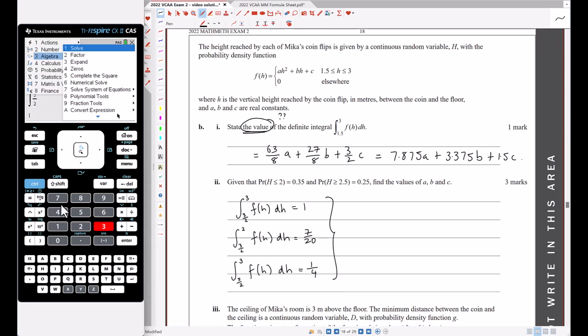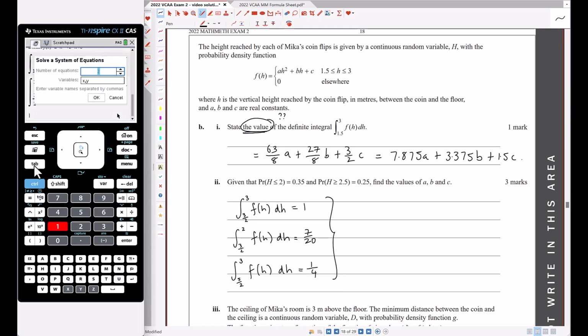Menu 371. I'm going to have 3 equations, and they'll have A, B, and C in them. And I just need to set up those 3 integrals. So I'm going to use nice exact values in my integrals to ensure that I get exact answers, because it doesn't tell me to round.